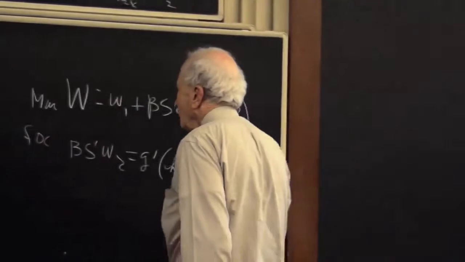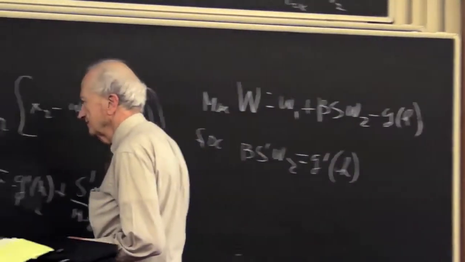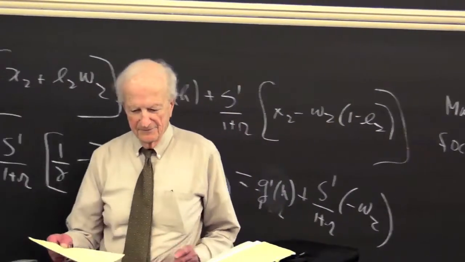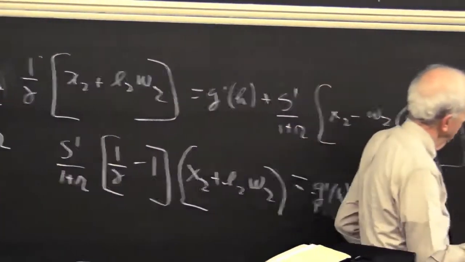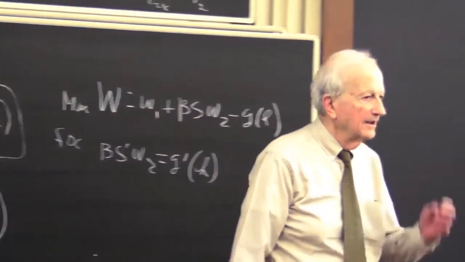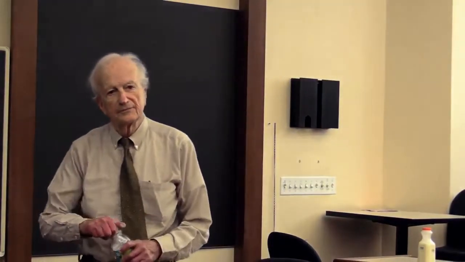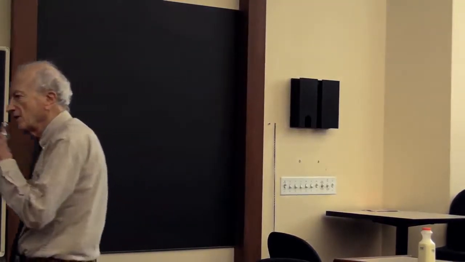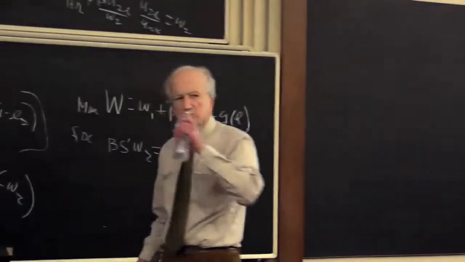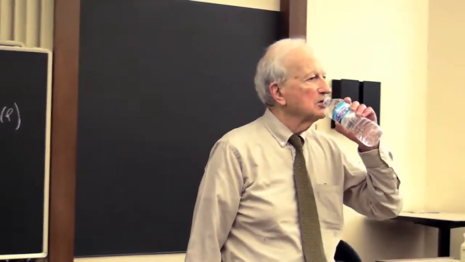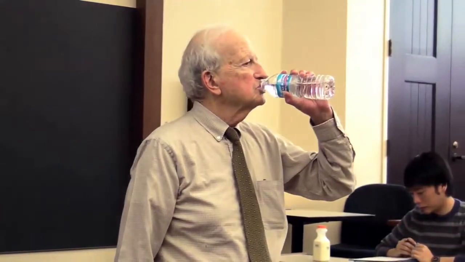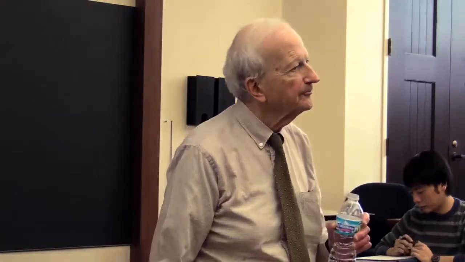Now, what does it mean? Anybody? Eric, what does it mean? G prime of H is the marginal cost you pay now.